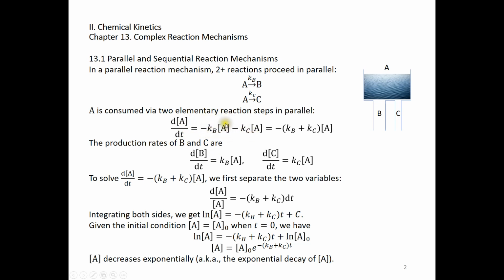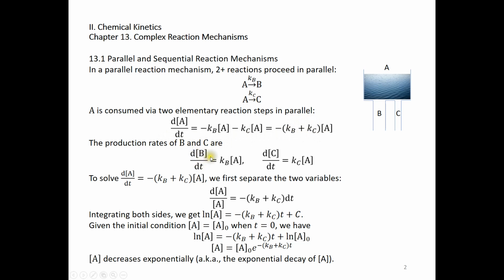Here kB[A] is the reaction rate for A to B, and kC[A] is the reaction rate of A to C. Together, we have the consumption rate of A. We can combine kB and kC, and therefore dA/dt is equal to negative the sum of kB and kC times [A].